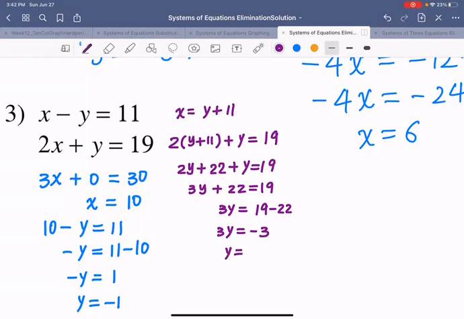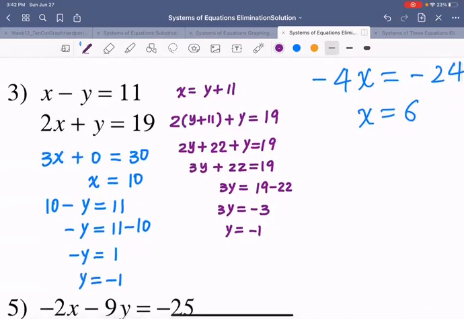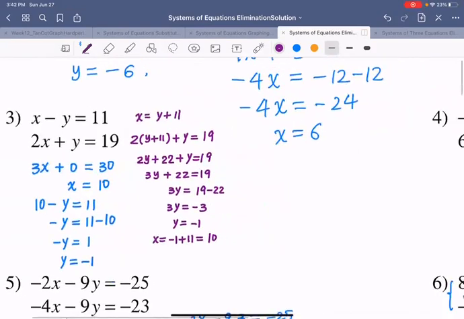So then y equals negative 1. X equals? Then x equals negative 1 plus 11. Yeah, so it's 10. Good. Thank you. You made it.